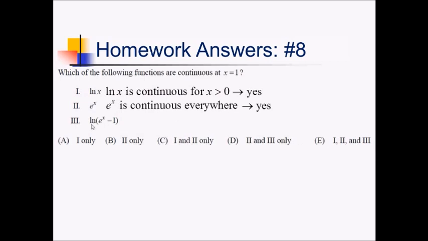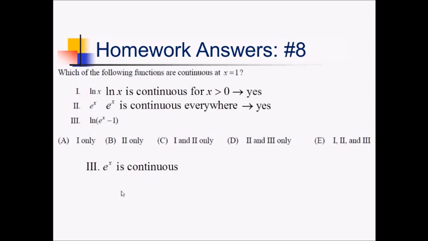Now for this last one, we have to analyze what's going on inside ln of x. Remember, ln by itself is fine as long as you're only plugging in positive numbers. So we want to show that e to the x minus 1 is a positive number and a continuous number as well. So e to the x, again, we showed that that was continuous because it's just known to be continuous. e to the 1, which is what we care about if we're saying x equals 1, e to the 1 is 2 and some change.